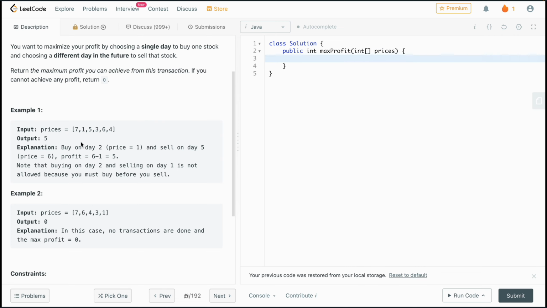And so we just keep track of our max amount of money that we've made, and we could just return that. But the trick here is that if we see a number that is less than our buy day, for example, it's going to start off at index 0, so it's going to be 7. And then when we look at 1, it's less than 7. So if we were to buy at 7 and then sell at 1, we would make a negative profit, which is way worse than the default. If we can't make profit, we could just return 0.